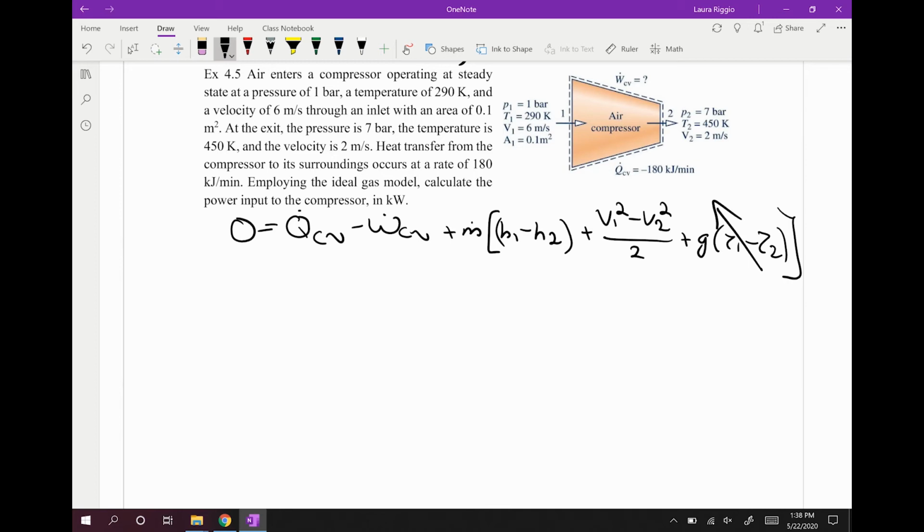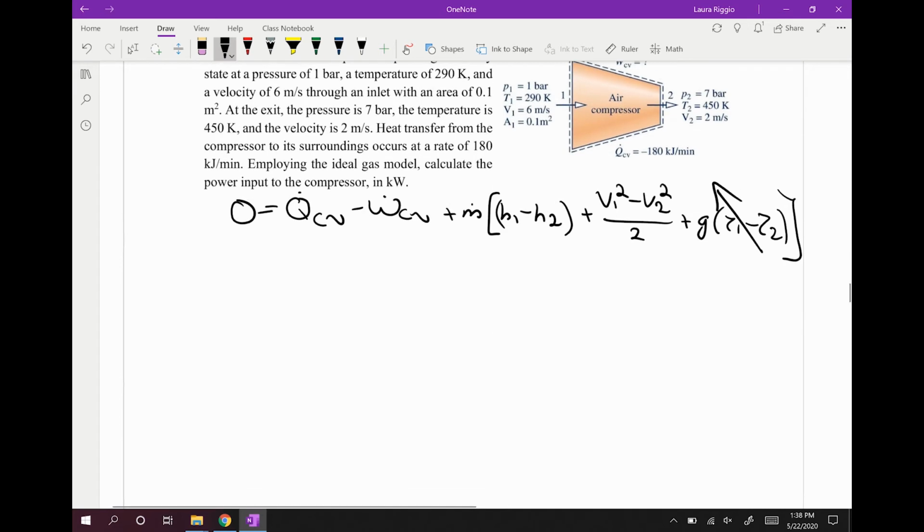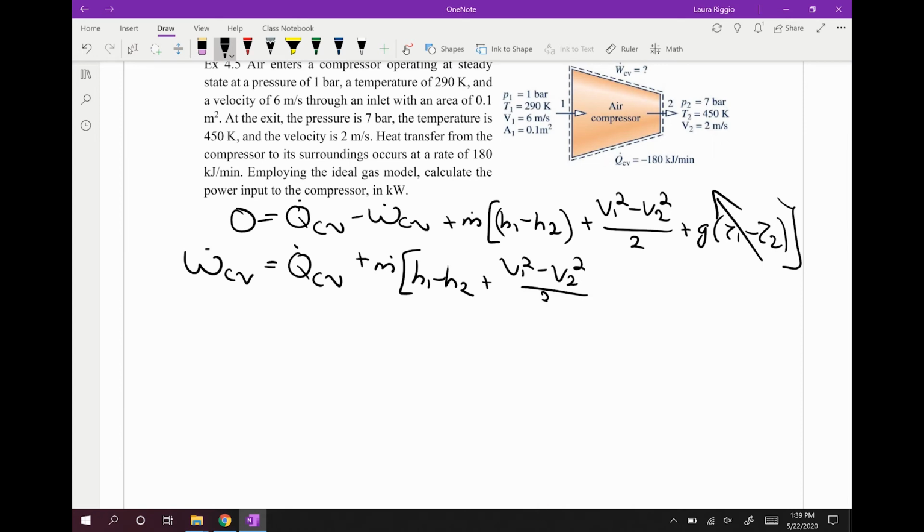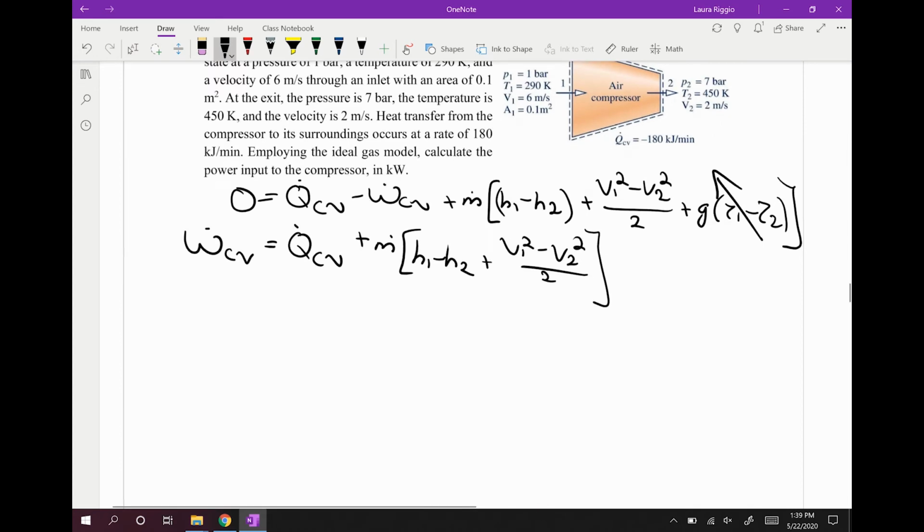We can ignore potential energy changes. We're not going to ignore kinetic energy changes, as the problem gives us an initial and final velocity. So our work is equal to our heat transfer rate plus our mass flow rate times our enthalpy change plus our change in kinetic energy.